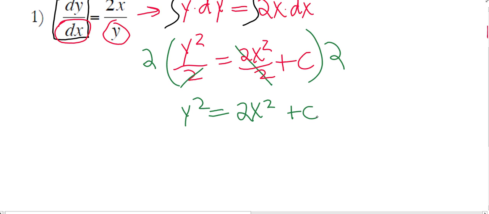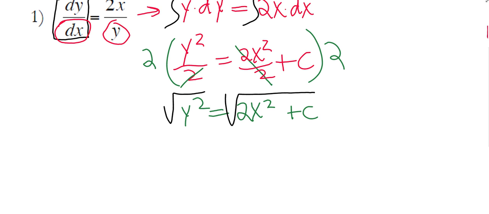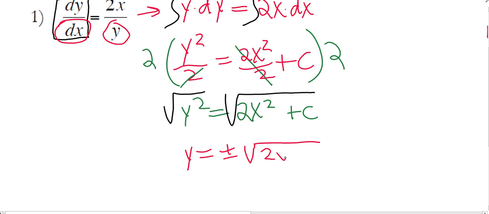And if I multiply c by 2, it's still a constant. And then I'm going to take the square root of both sides, and we're going to get that y is equal to plus or minus the square root of 2x squared plus our constant.